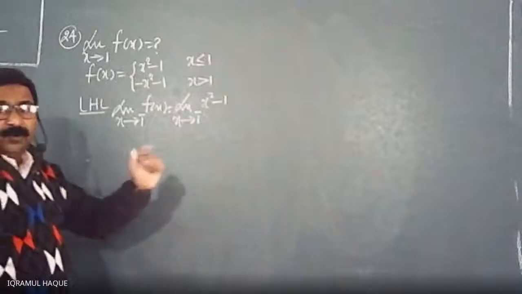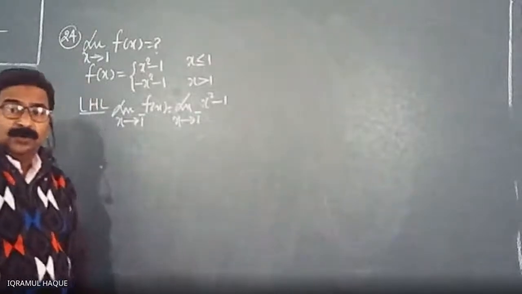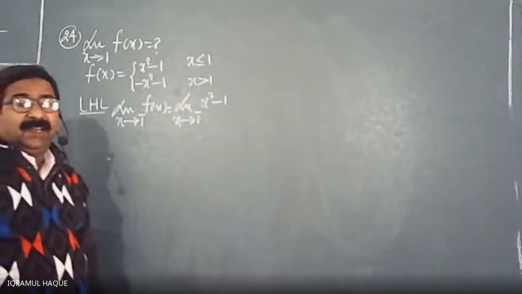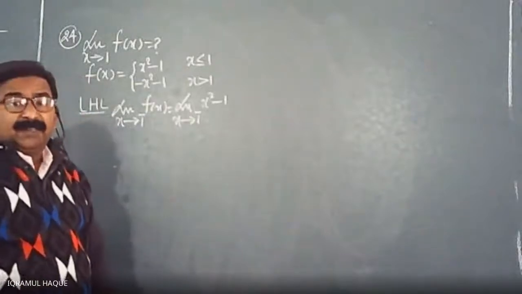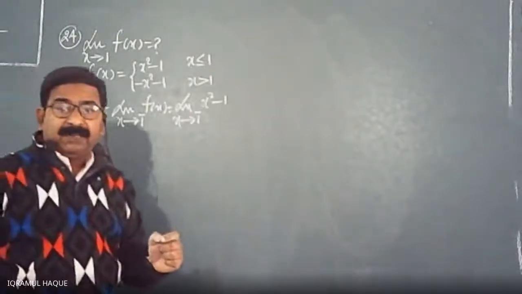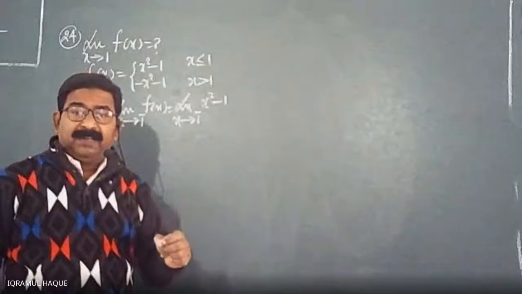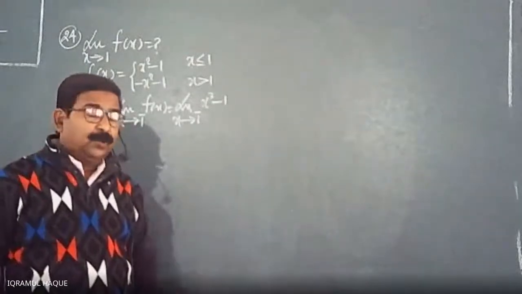Now you can put the direct value also, x is equal to 1, but when we take LHL and RHL, we change the limit. In case of LHL, we subtract a quantity tending to 0.